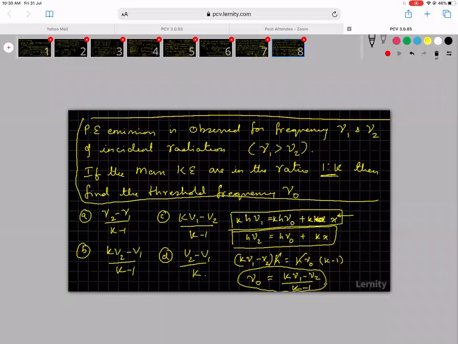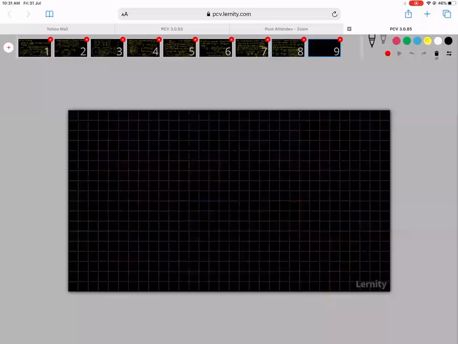Yeah, if it is understood, here is the next question. A photon of wavelength 4 into 10 power minus 7 meters strikes a metal surface.